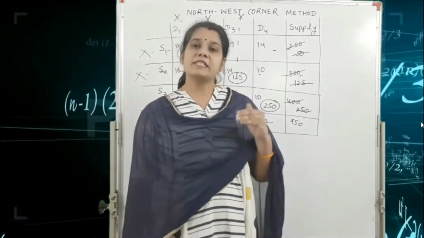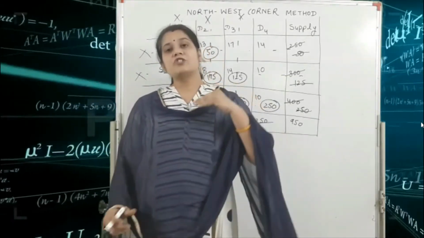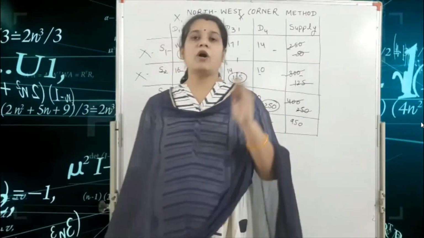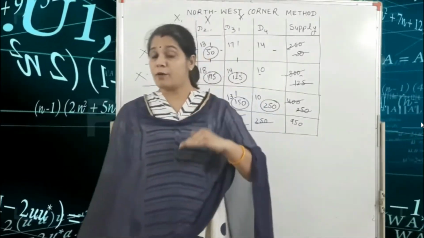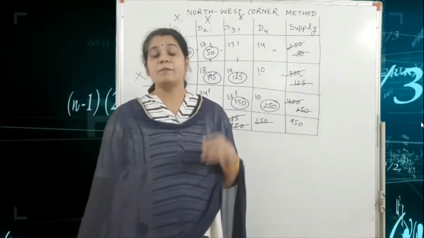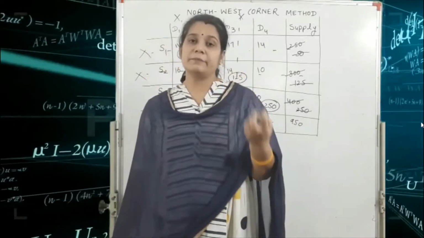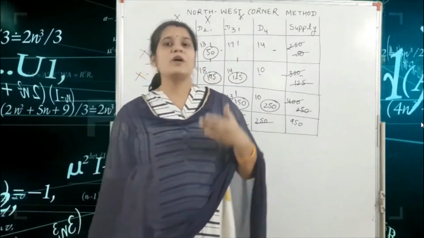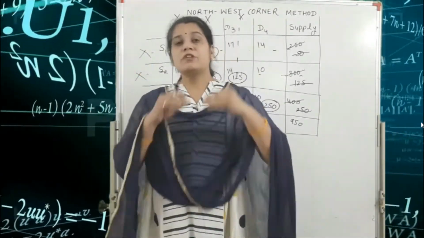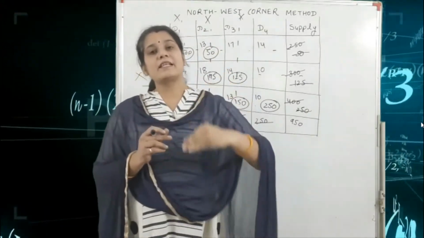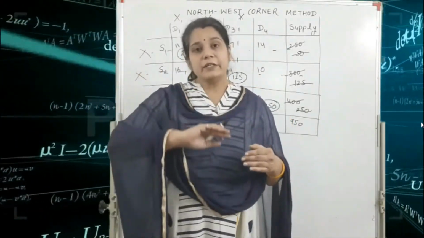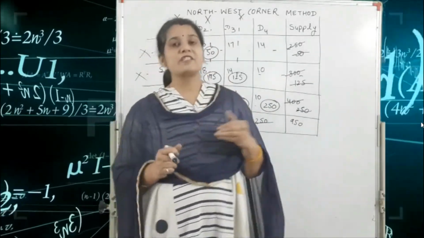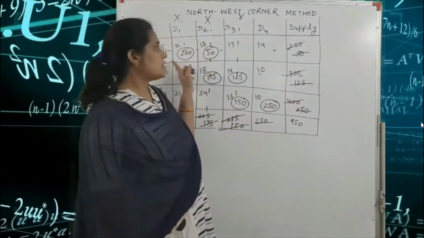So always first check whether your problem is given in balanced or unbalanced form. If it is unbalanced, first use a dummy row or dummy column to convert your unbalanced transportation problem into a balanced one. After that, you start the allocation.